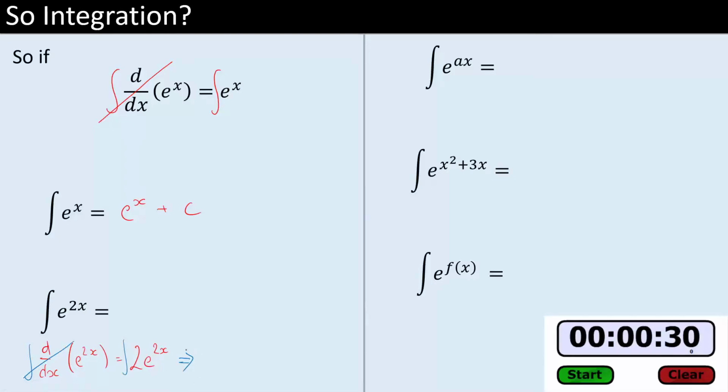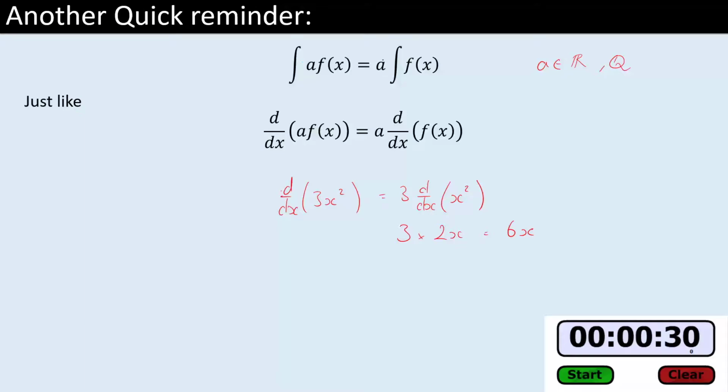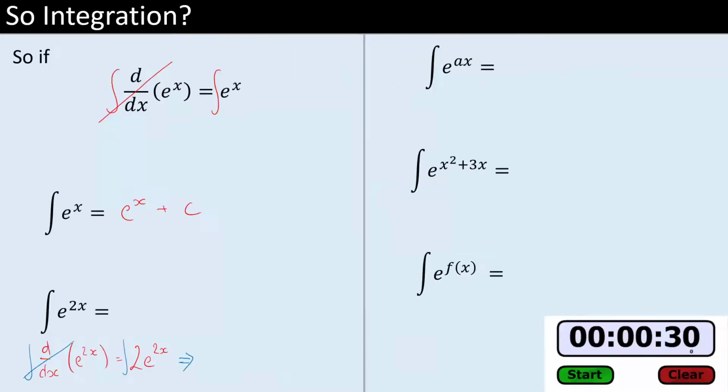Instead, if I take that factor of 2 outside of the integral, I'm getting one stage ahead of myself.